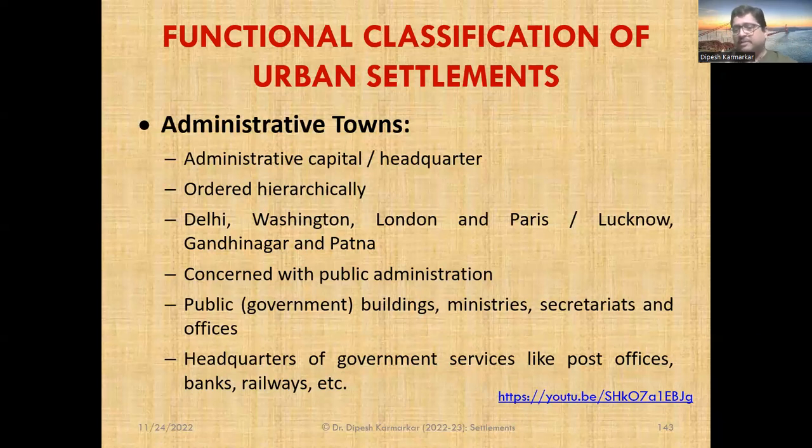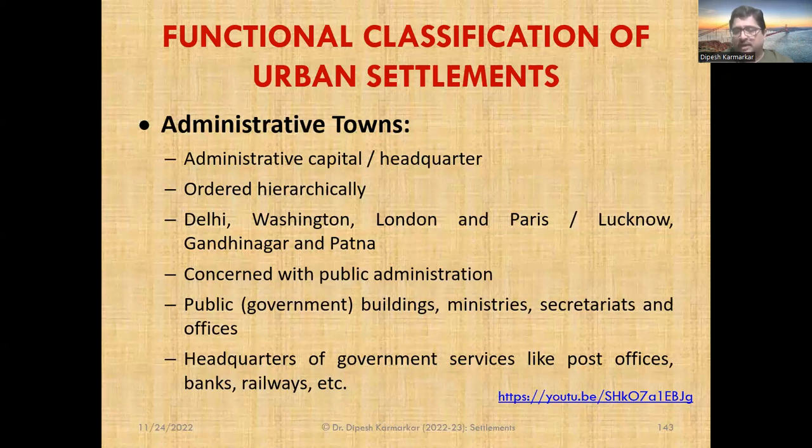Now, how to identify administrative towns in a simple way is obviously to move around the city and find out. The most important land use, or the most important buildings in such cities, are the ones that carry out administrative functions.